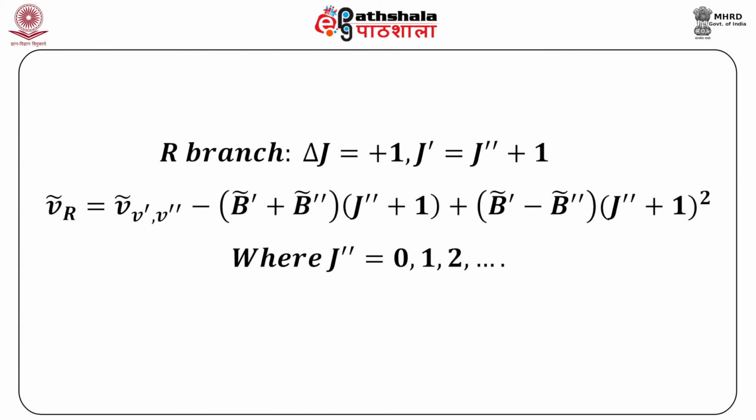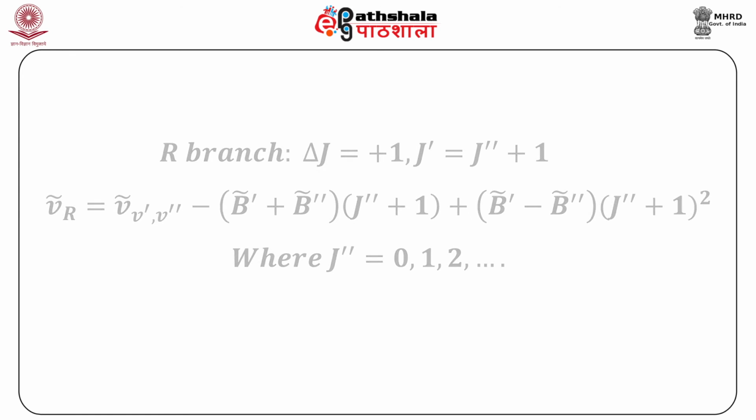Similarly for the R branch, where delta J is equal to plus 1, you have J prime equal to J double prime plus 1, and here the wave number of the R branch is given by the wave number of the v prime v double prime transition plus (B prime plus B double prime) into (J double prime plus 1) plus (B prime minus B double prime) into (J double prime plus 1) square, and here J double prime can take on values 0, 1, 2 and so on.